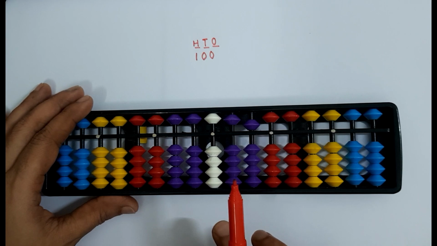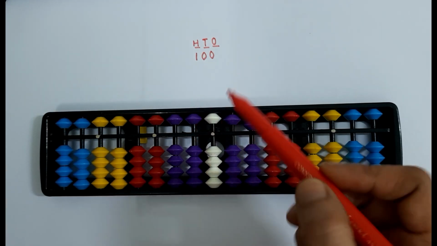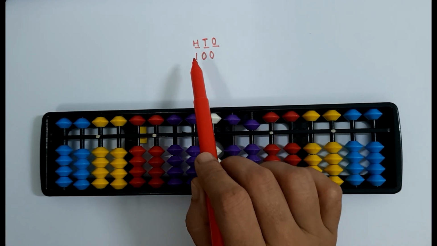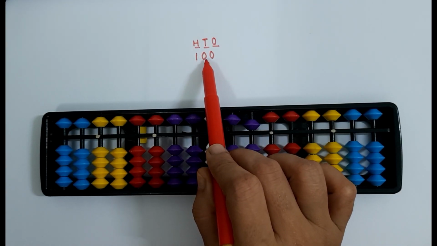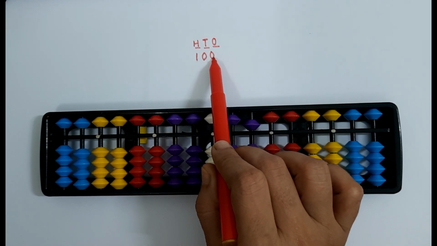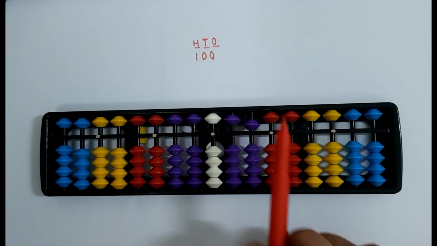So, what do we have to do here? We have to represent 100, right. We have to represent this 1 at the hundreds place, 0 at the tens place and this 0 at the ones place.